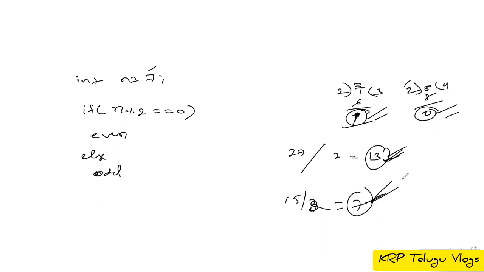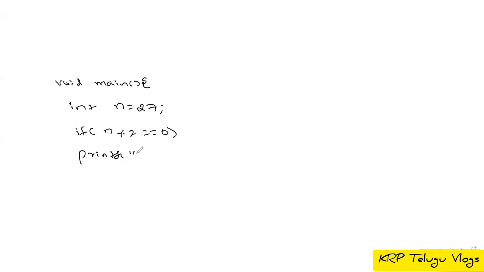Okay, can I erase? Yes, sir. Okay, so now void main, int n is equal to say 27. So if n modulus of 2 double equal to 0, what it is? Printf, the number is even.